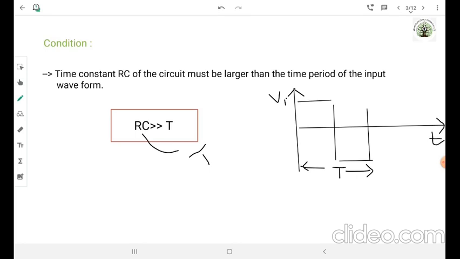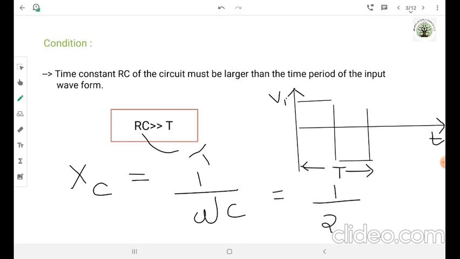You know that this is an RC circuit. What about the reactance of the capacitor? Reactance of the capacitor Xc is equal to 1 by omega C, that's equal to 1 by 2 pi f C. From this it's clear that the reactance of the capacitor is inversely proportional to the frequency of the input signal and inversely proportional to the capacitor value.